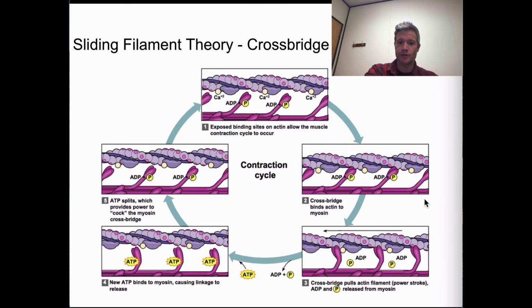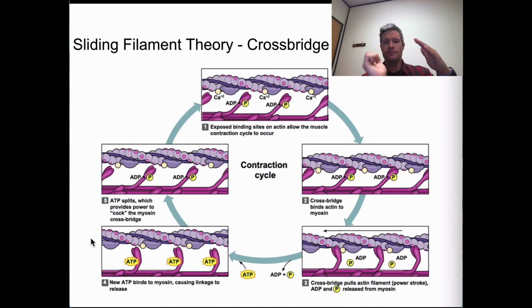As the power stroke occurs, the ADP and phosphate group get disengaged from the myosin. They kind of fall off or get released, and that's important, because our next step is a new ATP binds to the myosin. And what happens at that point is it releases from the actin.